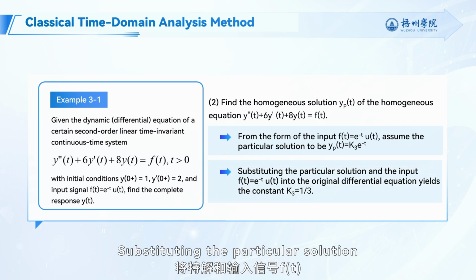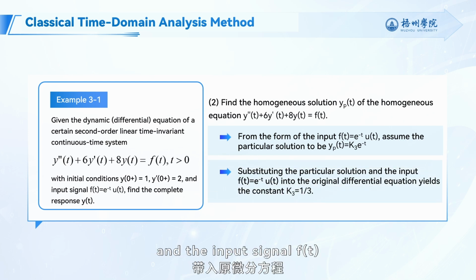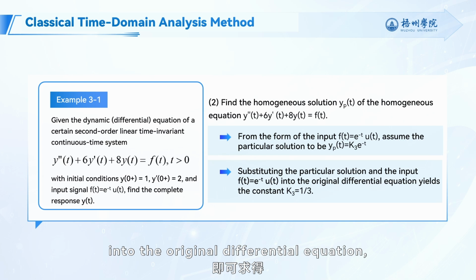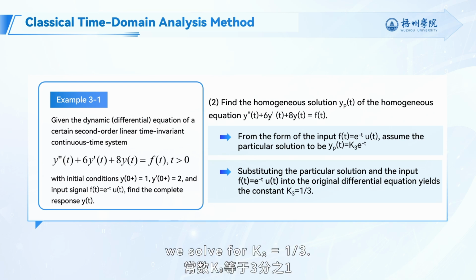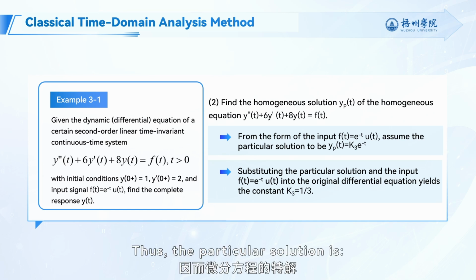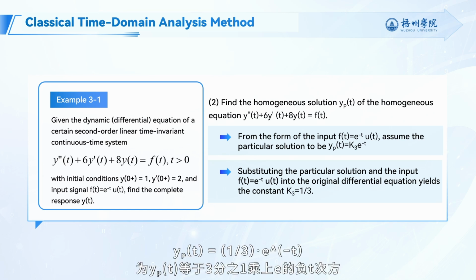Substituting the particular solution and the input signal f(t) into the original differential equation, we solve for k3 = 1/3. Thus, the particular solution is y_p(t) = (1/3) e^(-t).